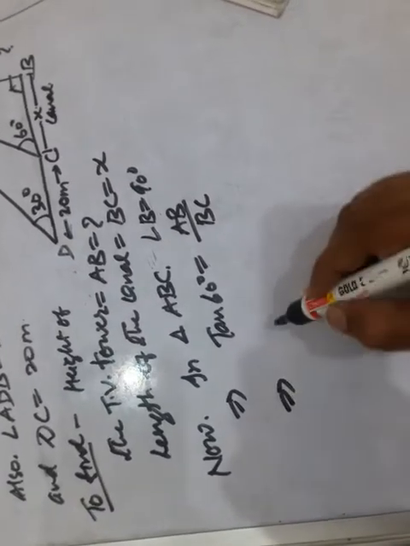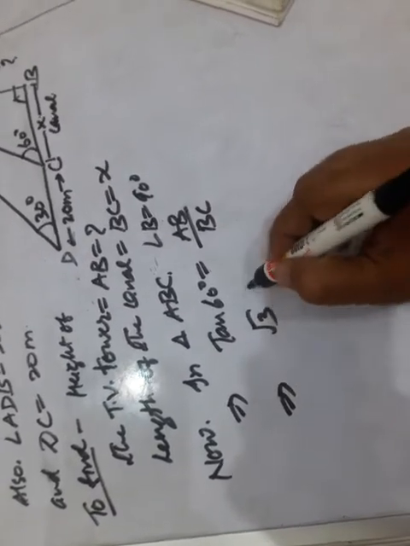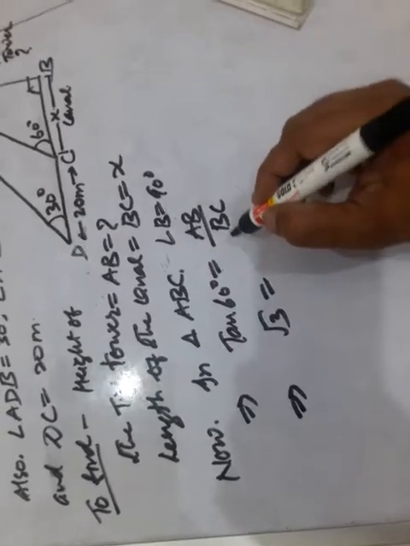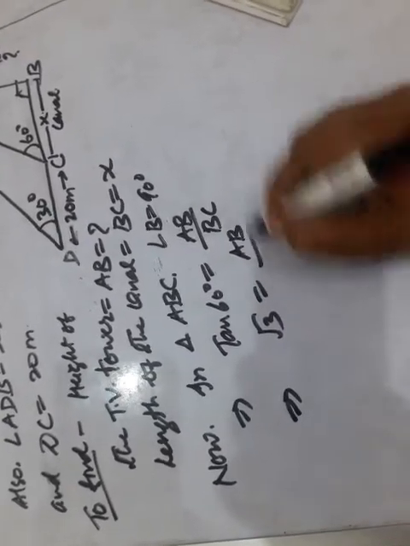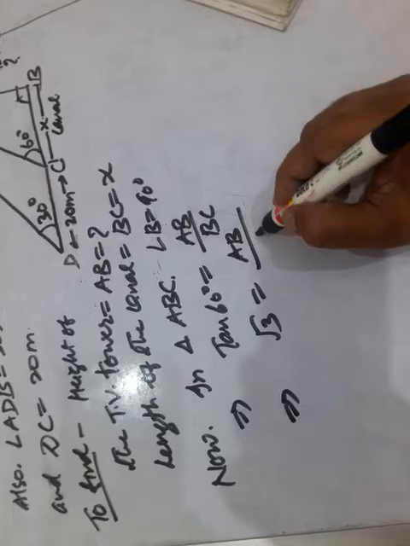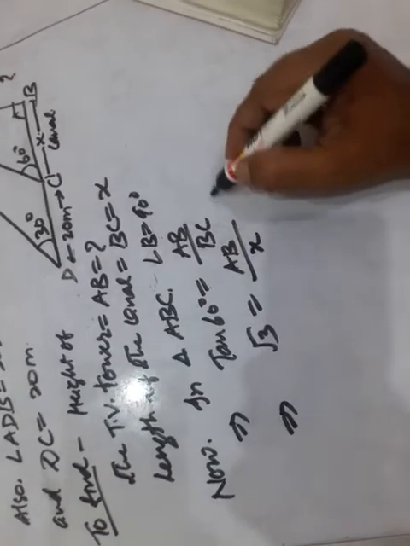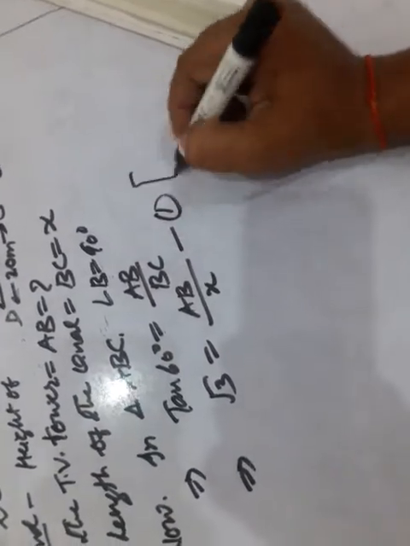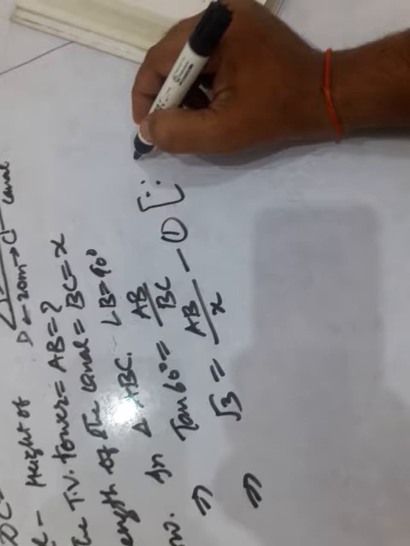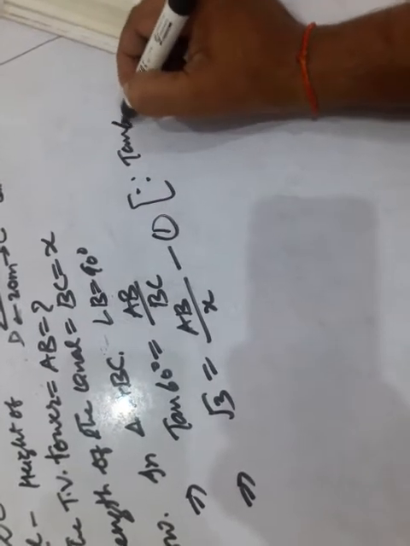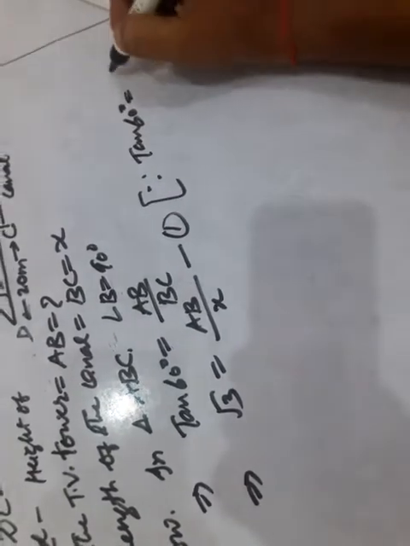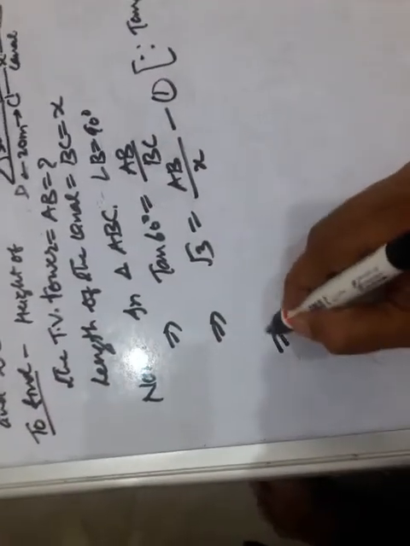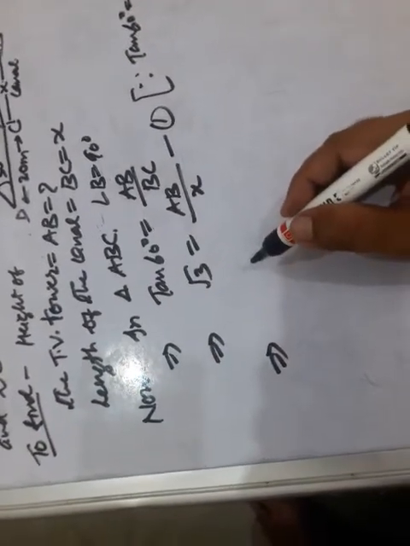This implies tan 60 equal to root 3 equal to AB upon BC, where BC we have assumed to be x. Let it be equation number 1, since tan 60 degree equal to root 3.